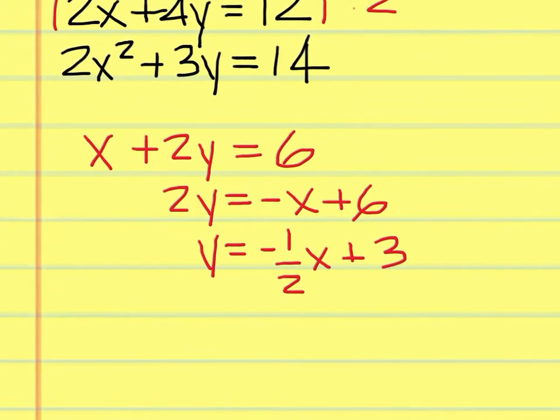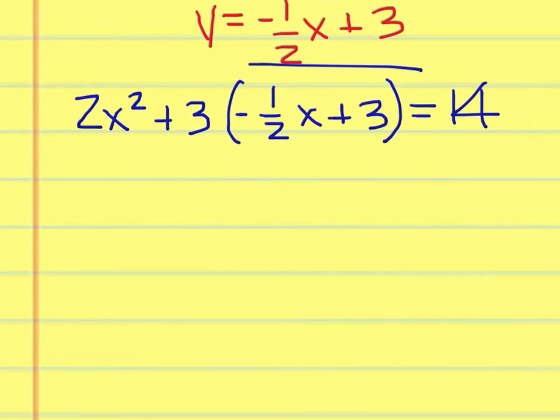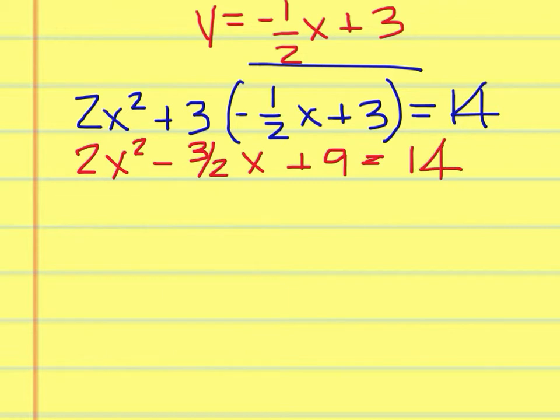But you have to plug this in for y in this equation. So you will have 2x squared plus 3 times a negative half x plus 3 equals 14. Simplify to get 2x squared minus 3 halves x plus 9 equals 14. So 2x squared minus 3 halves x plus 9, and then minus 14.